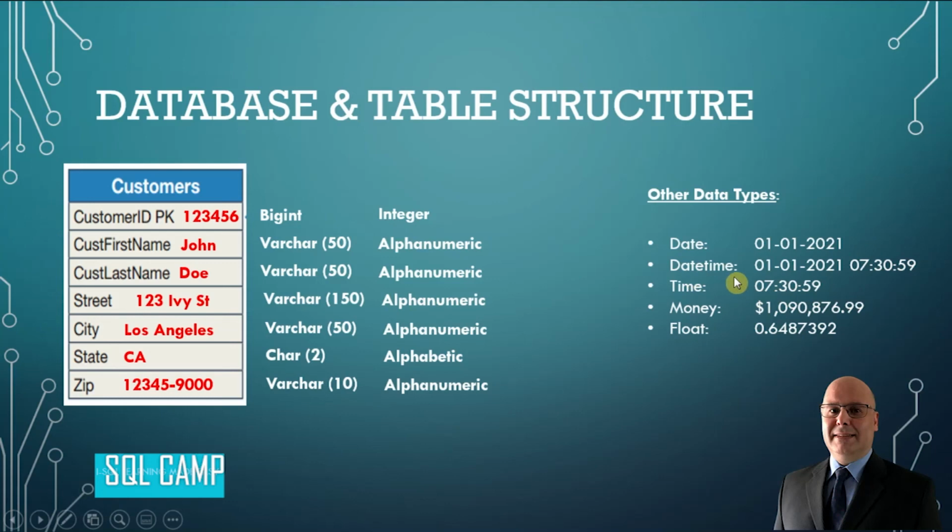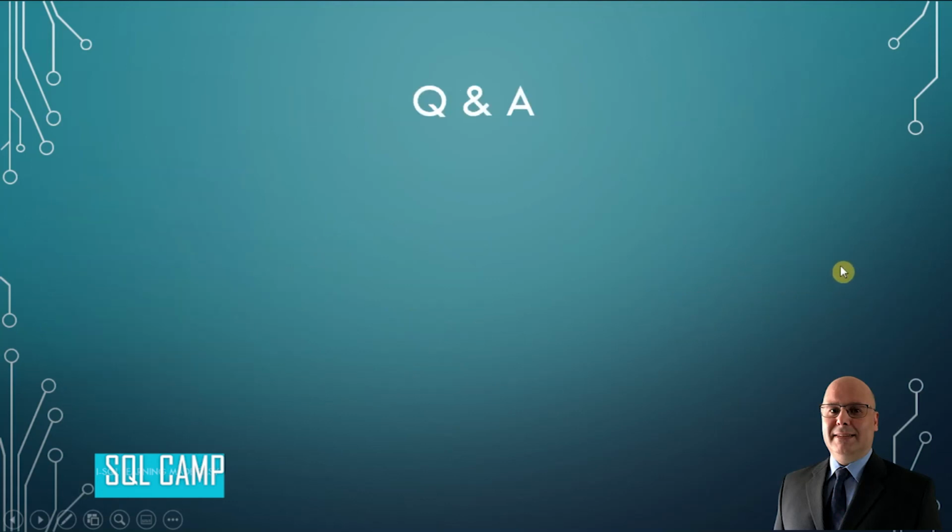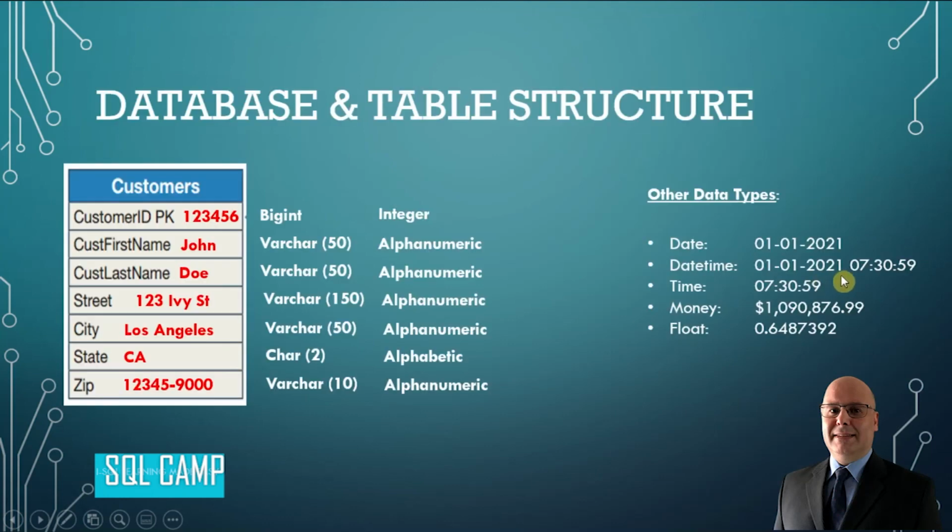There is also a datetime where the value will be showing a date value with a timestamp. That's the exact time when that event or action happened, or when that record gets created into the table. There is also a time data type, where the value will be in a form of a time, like hour, minutes, and seconds.